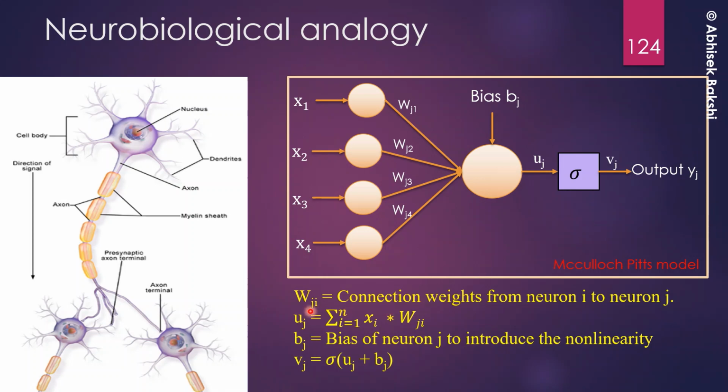So you see here, this wji is a connection between weights from neuron i to neuron j, and that's why I have written wj1. What does it mean? It means I'm assuming that this is the jth output. Like the jth output, I can have the j plus 1th output as well, j plus 2th output as well.